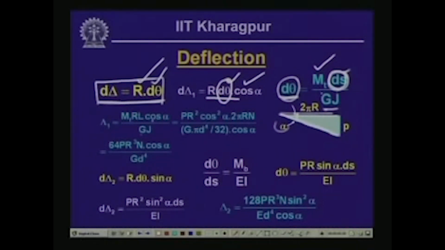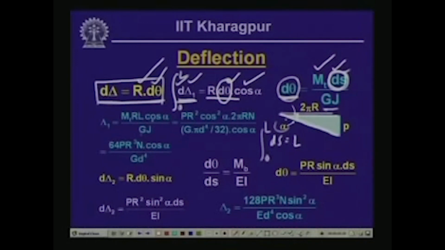So, this is the small increment in the vertical deflection d delta 1, which will be caused by this small element ds. If we would like to get the whole deflection over the entire spring, it is the integral of d delta 1 over 0 to L, so we have the integral from 0 to L of ds, which is the length.